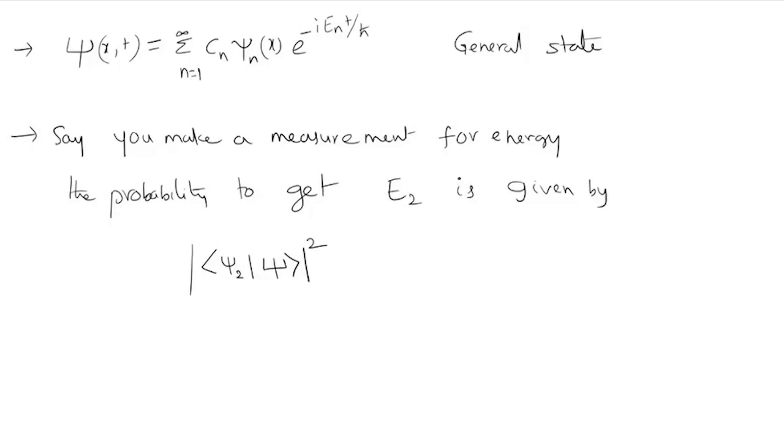So this is the general theory. You also need to remember a few things. For example, the infinite square well. How does it look?